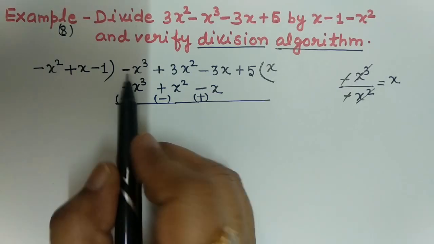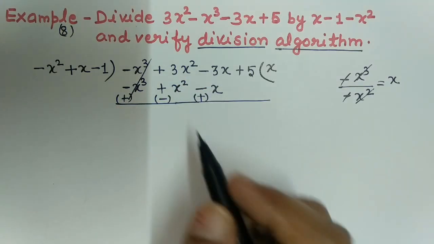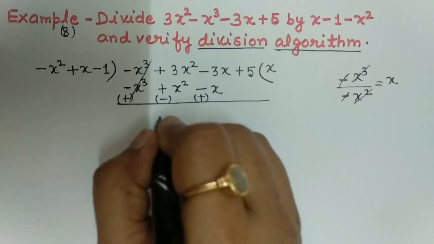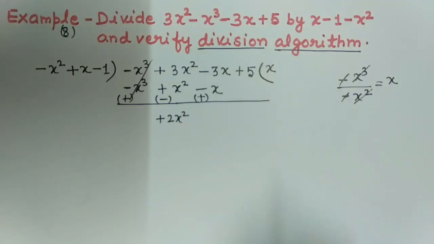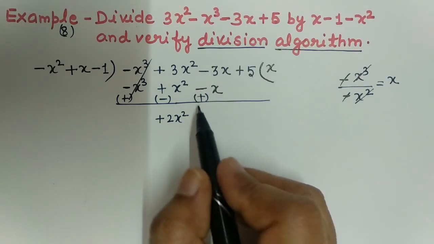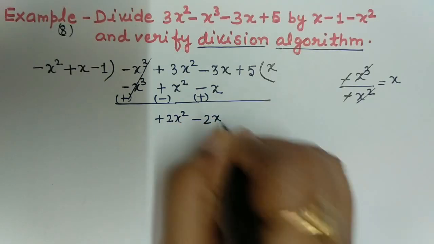Okay. So now what will happen? This is minus x cube. This is plus x cube. So it will cancel out. This is plus 3x square. This is minus x square. So you will get plus 2x square. This is minus 3x. This is plus x. So you will get minus 2x.